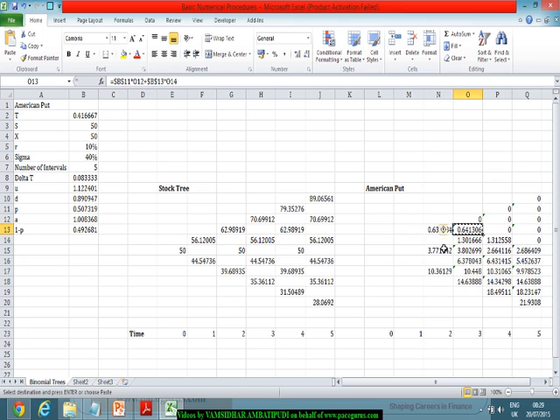I am taking the expected value at time period 2 based on the probability of up and down movements. I have taken the expected values. Again bringing that to time period 1, whether I should go with the present value of period 2 or exercise it at period 1 itself.